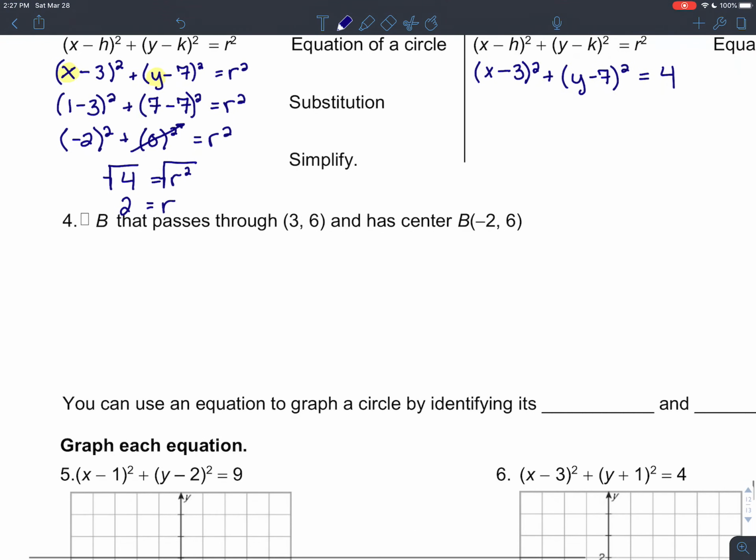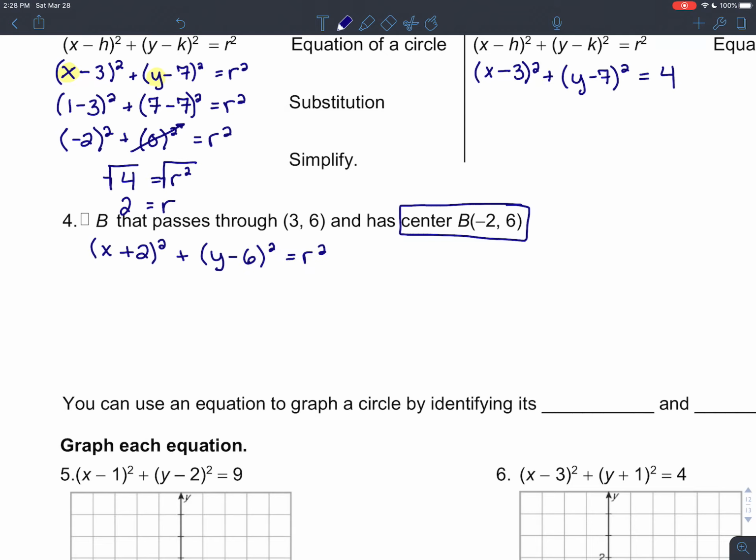Okay, we're going to do the same type of thing right here. So I'm going to start with x minus, this is the center right here. So x minus a negative 2, minus a negative means we're going to be adding, plus y minus 6 squared equals r squared.